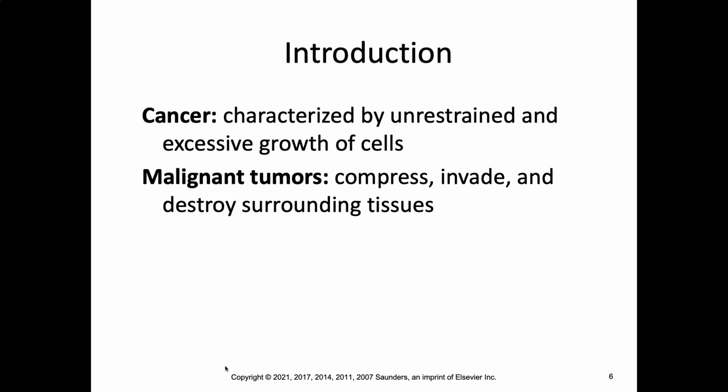Benign tumors, although they grow and it's an excessive growth of cells, tend to stay relatively encapsulated, relatively local. Benign tumors can be fast growing, but most of them are slow growing. Malignant tumors, on the other hand, have set up their own blood system. They've taken over blood vessels that are nearby.